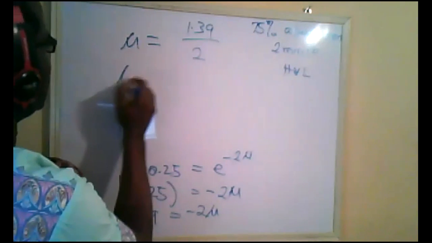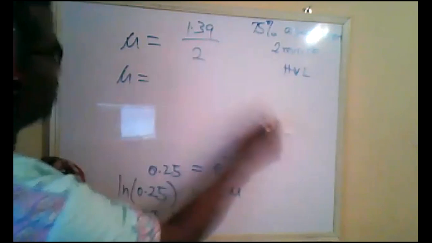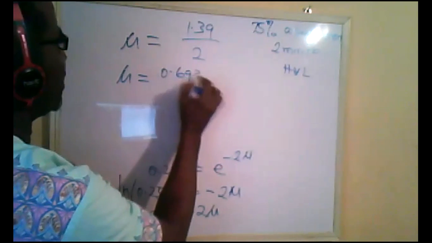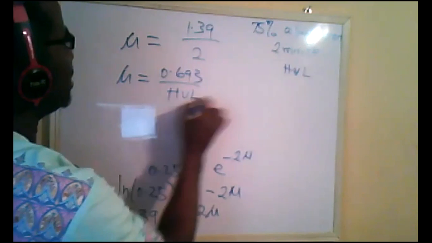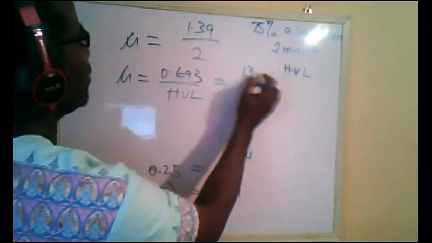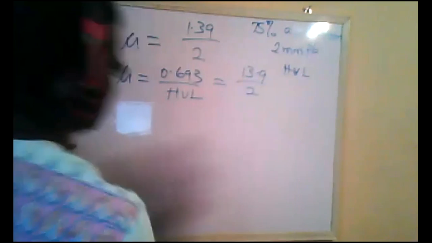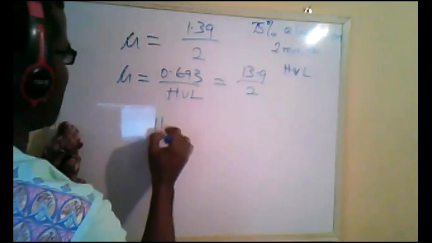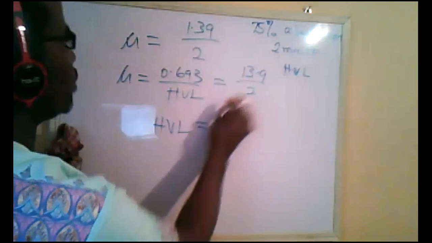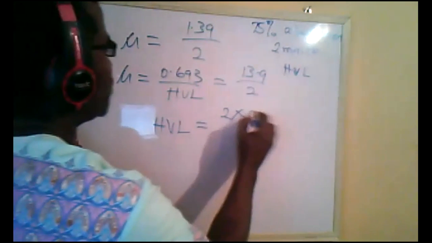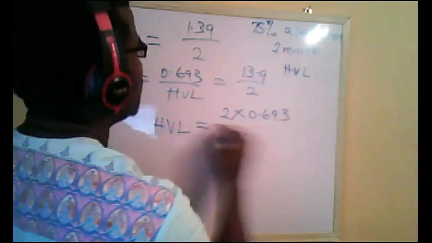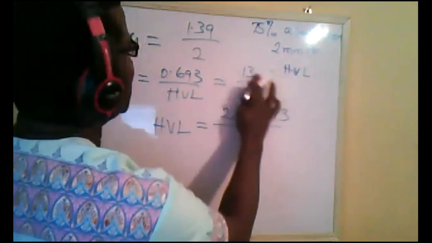And our mu, we should remember, is 0.693 over HVL. So we have 0.693 over HVL now equal to 1.39 over 2. At the end of the day, we now have HVL to be equal to 2 times 0.693 over 1.39.